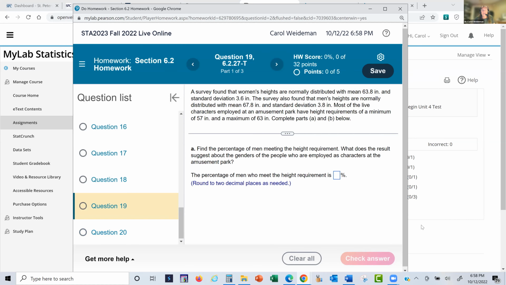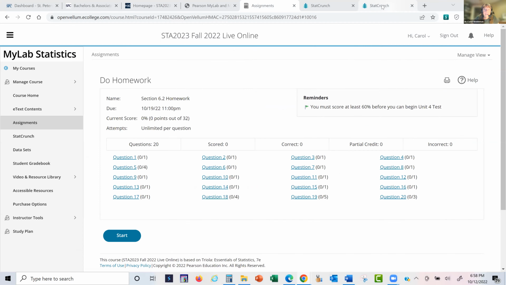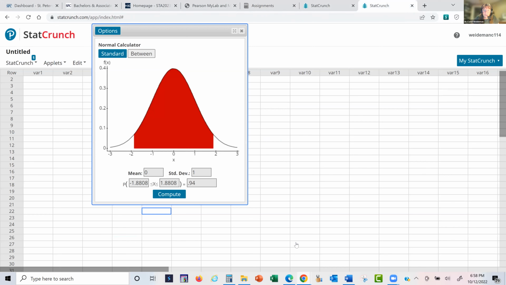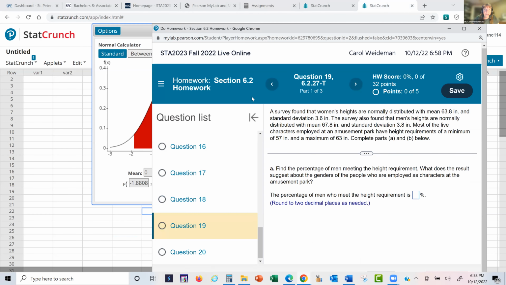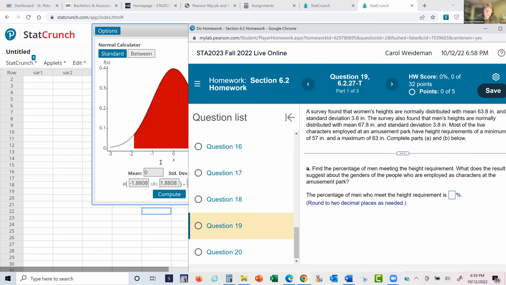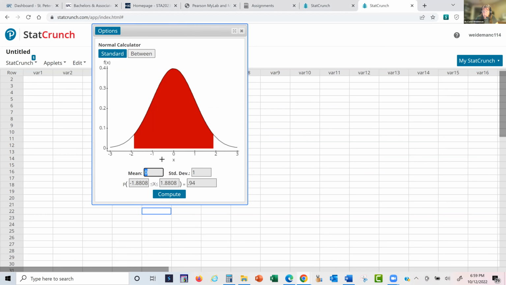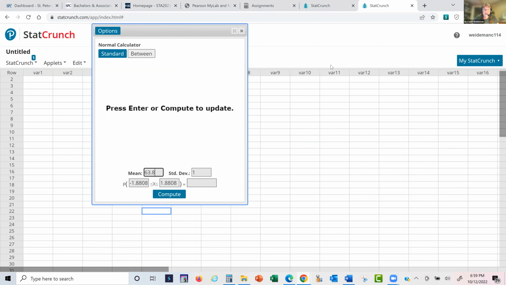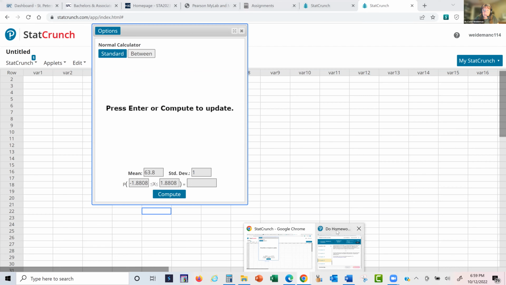A survey found that women's heights are normally distributed with a mean of 63.8. So let me get my tool. Where's my problem? There we go. All right, so let's go ahead, make sure I do what I said you should do and I didn't do before, 63.8, and where did my problem go?